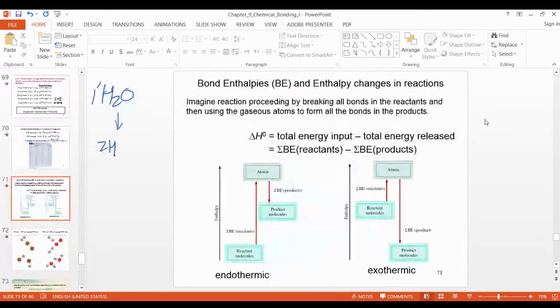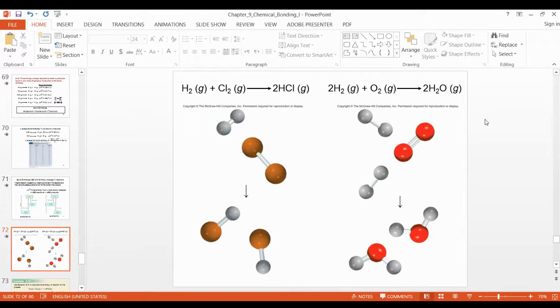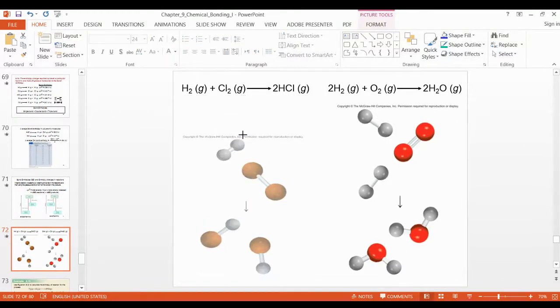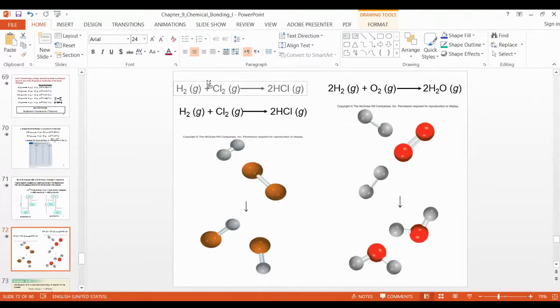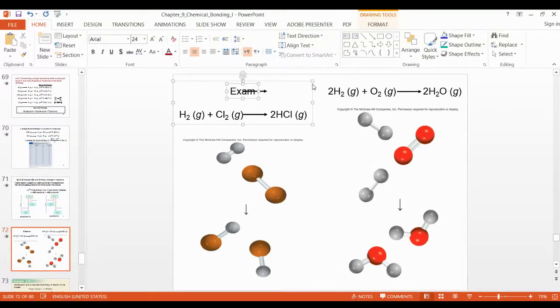Okay, this is an example. H2, Cl2 and H2O. Yeah, 9.13. This is example 9.13.